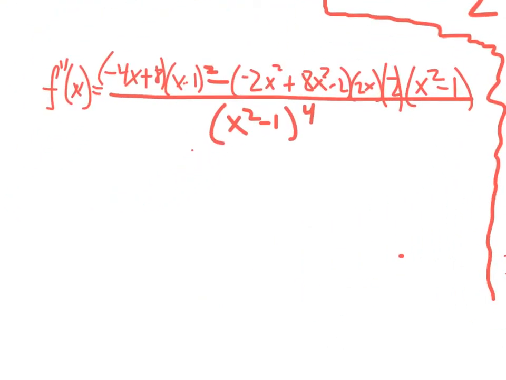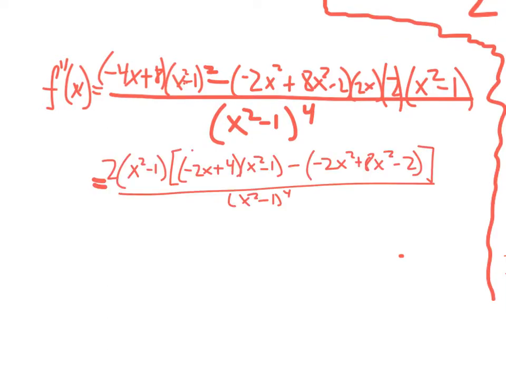Okay, let's go ahead and clean this mess up. So we can pull out an x squared minus 1 because it's there and there. We can pull out a 2. I'm going to pull a 2 out of there, leaving us with a negative 2x plus 4. And then this 2 gets pulled out.